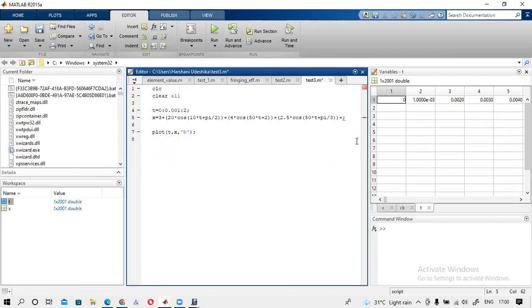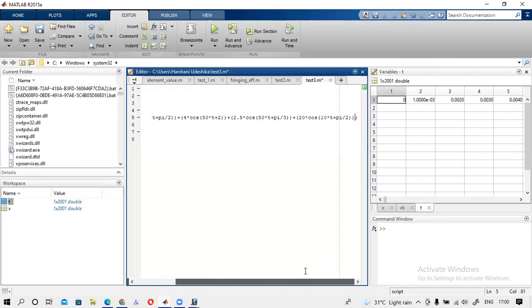Let's say it is 25. And I will take another one also, so I add another frequency component, let's say 20 or something.